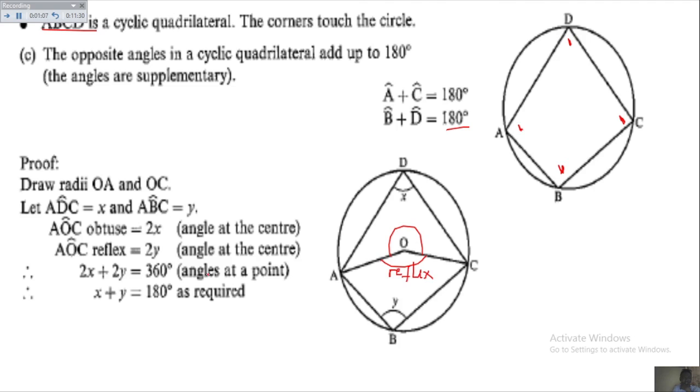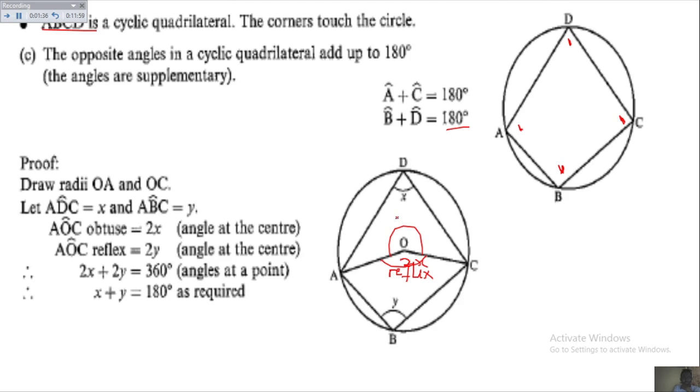Therefore, we are saying here that if ADC is X and ABC is Y, then AOC will be 2X, because you can see 2 of it here.